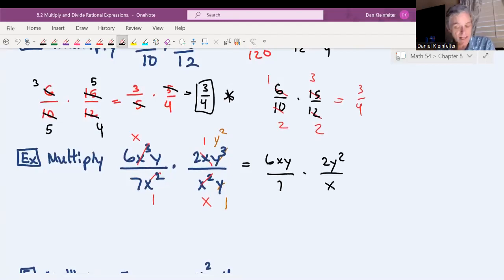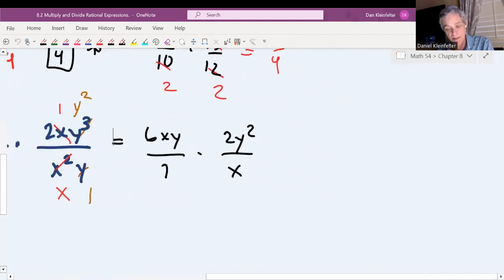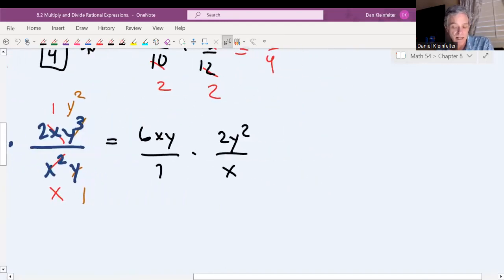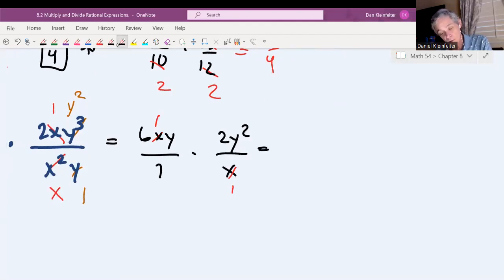I simplified each of the fractions separately as much as possible, and now I can see that we can divide out that common factor of x, finally. That will leave us with 12y cubed, multiplying across the numerator. 6 times 2 is 12, y times y squared is y cubed, and down below it's just 7.